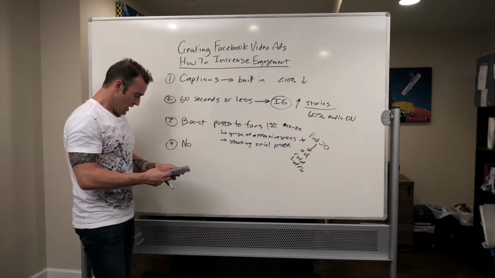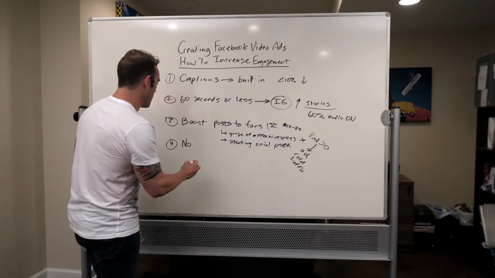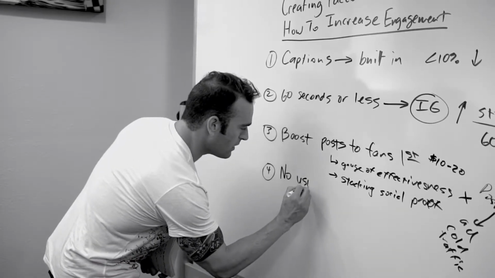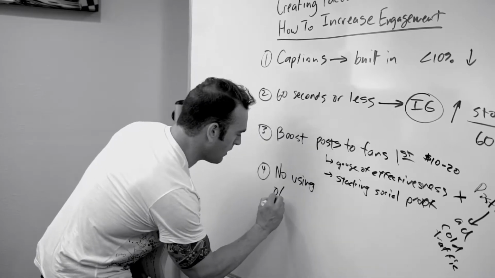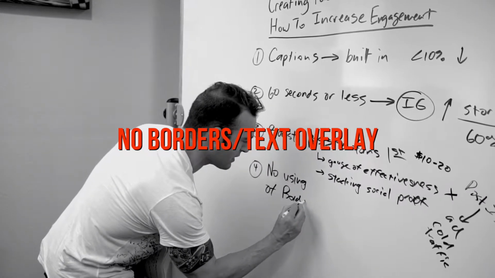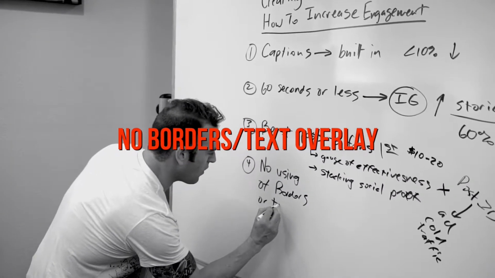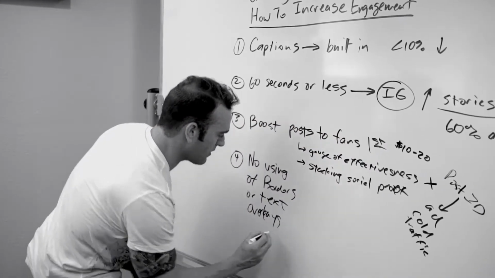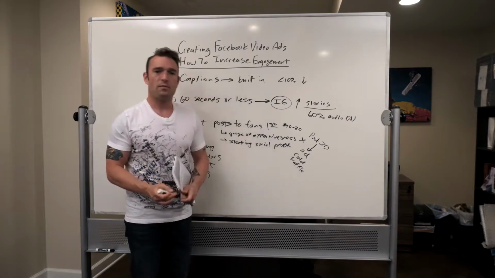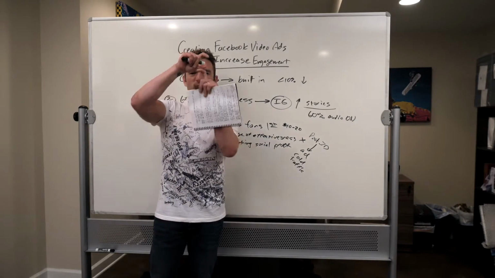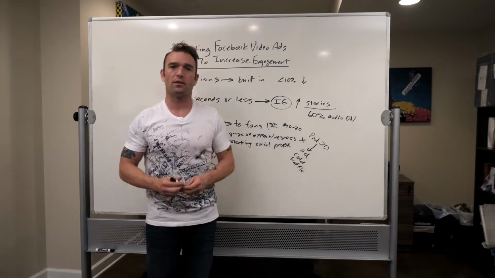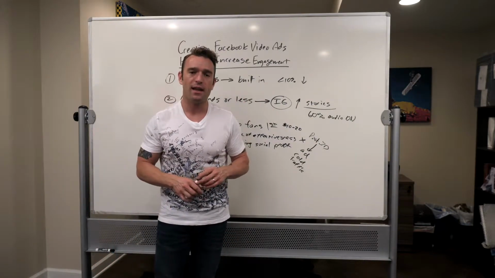All right. And then the last one that I would say is no using of borders or text overlays. Okay, so what I'm talking about here is, you'll see a lot of people doing video ads where they'll put these big, huge borders on the top, and then they'll put emojis and other stuff inside of there and text.